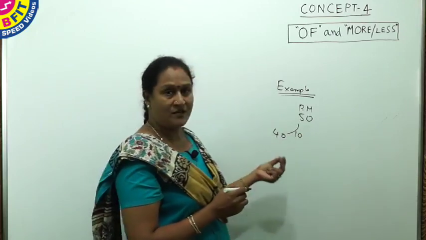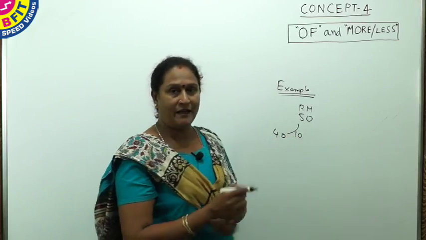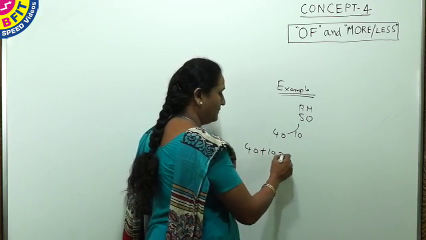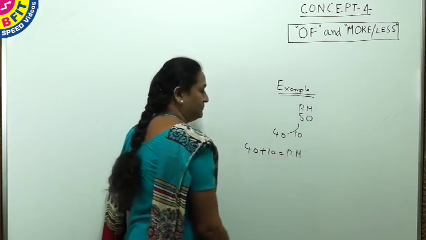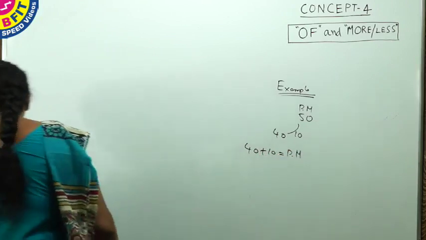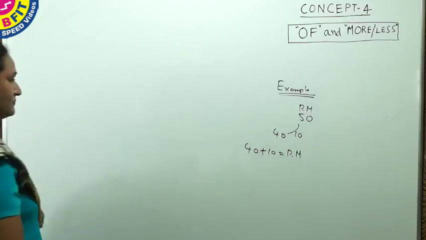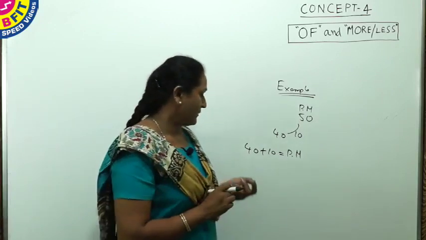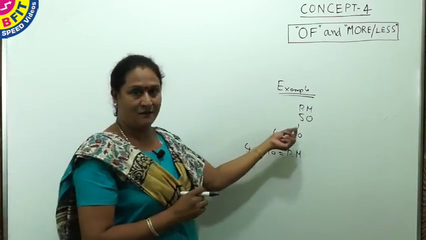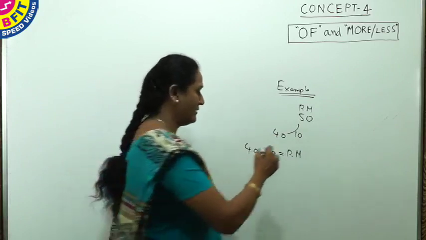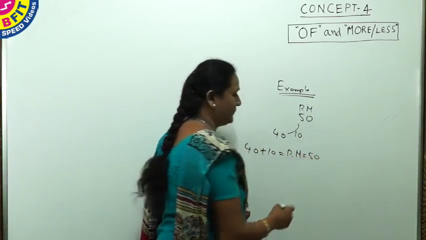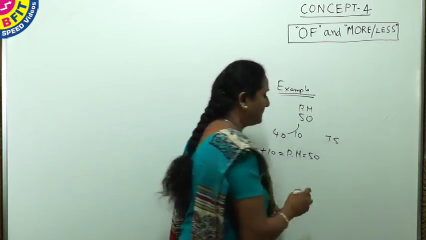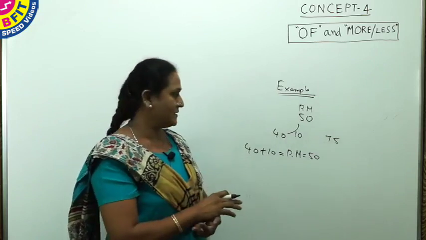So whenever they mention getting 40, failed by 10, it implies that with this 40, when you add 10, the marks which he gets less, we get the pass mark 50.